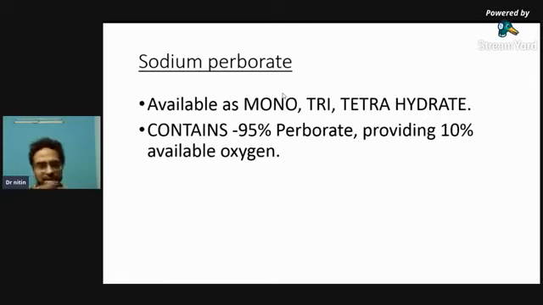So this is the sodium perborate, available in different forms and specifically used in non-vital bleaching. That is, after root canal obturation, you put a barrier of, I'll say, GIC followed by a cotton pellet, and then you put a perborate solution, which I will be telling you in detail along with the techniques, and it helps in non-vital bleaching.